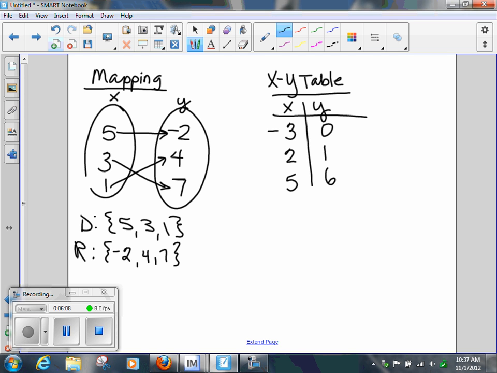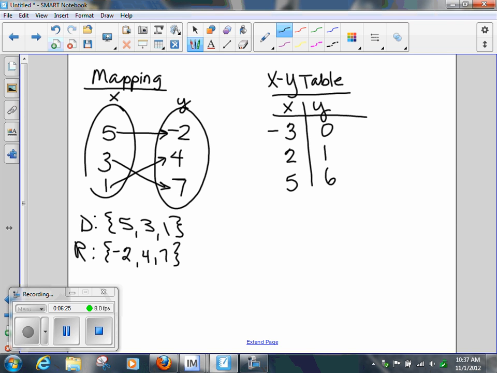That's another way that you can see a relation, in an XY table. Domain is what from that, folks? -3, 2, 5. The range is 0, 1, and 6. I'm not even going to write it down because it's set up domain and range.